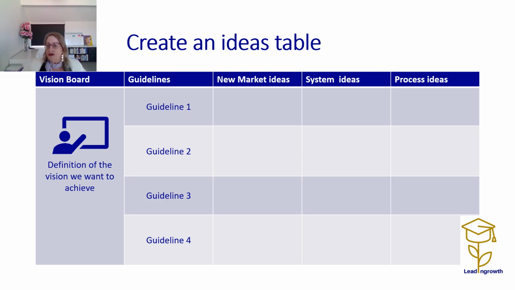For those of you who've done swim lanes with me, you'll understand that when we're taking a new idea to market or a new concept to market, we're going to have systems and processes that go with that, and we will put those into swim lanes. So it's a really good idea, when using an ideas table, to start to put those swim lanes in there already.